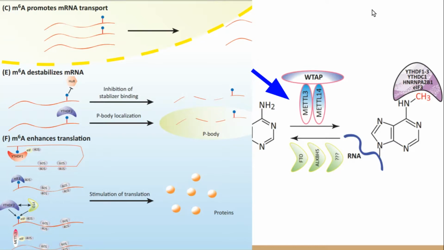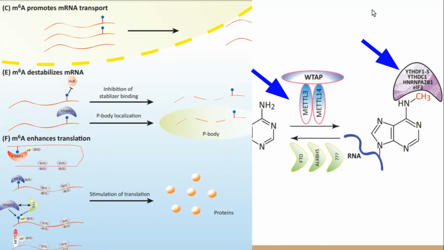M6A alone doesn't actually do anything, but M6A can be bound by RNA binding proteins that are specific for methylated adenines. These are called M6A readers. And this includes the YTHDF1 through 4 family of proteins, who are in desperate need of a new name.